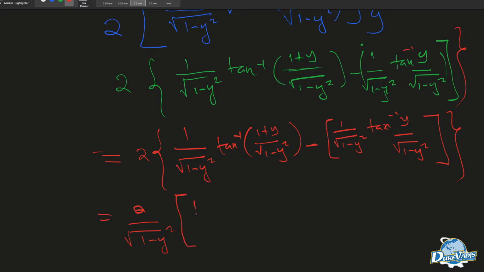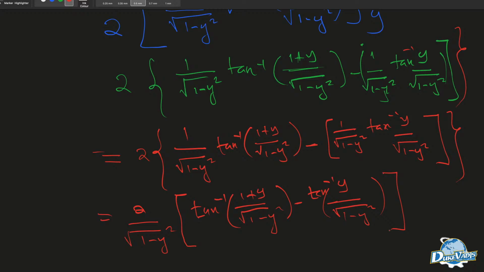Then the rest will be tan inverse of 1 plus y all over square root of 1 minus y squared, minus tan inverse of y all over square root of 1 minus y squared. And so this will be the integral.